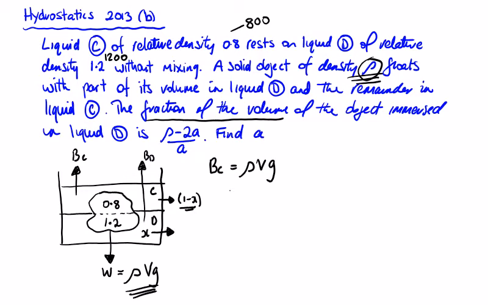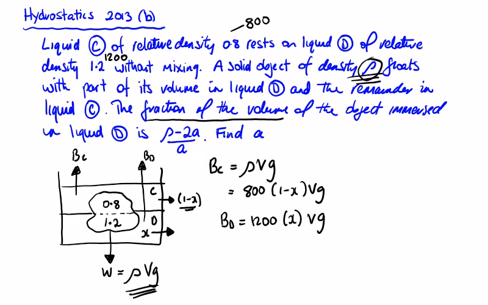Okay, buoyancy of C: 800 times (1 minus x) times the volume, that fraction of that volume, times g. And the buoyancy of D is 1200 times x times the volume times g.